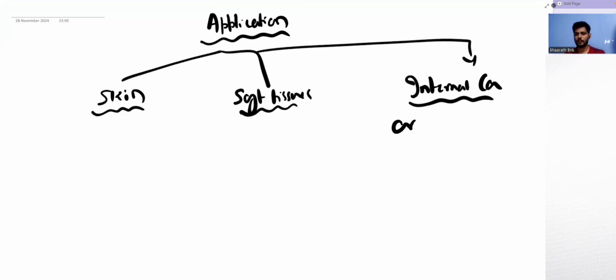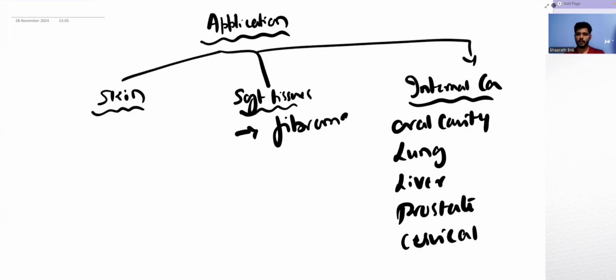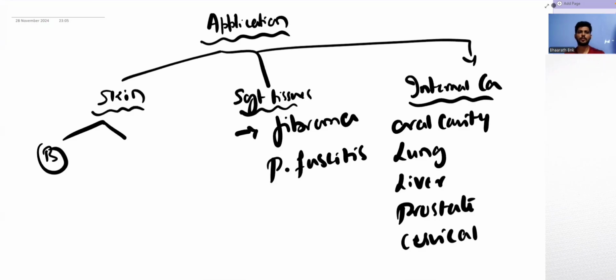So it can be used for oral cavity tumors, for lung tumors, for liver tumors, for prostate tumors, and for cervical tumors. For all these tumors, cryoablative therapies can be used. In soft tissues, it can be used to treat fibromas and plantar fasciitis if it is not responding to the conventional therapies. In skin, it can be for benign conditions, which is the most common indication, but it can also be used for malignant conditions.